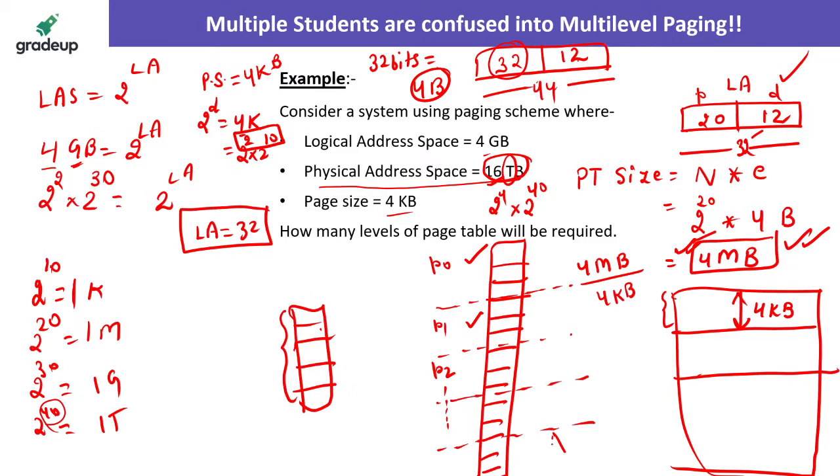So this is known as the inner page table, and this is known as the outer page table, right? Till here I hope there is no problem. If you have any doubt, any problem, please let me know. Is it clear? Please write down, everybody. Is it clear? Then we will go ahead.